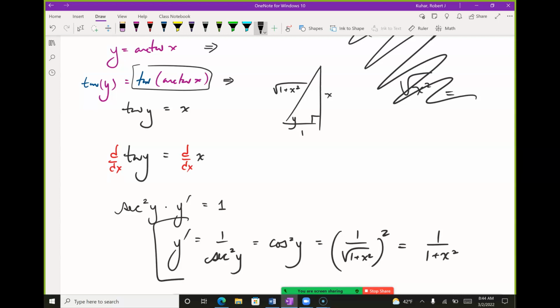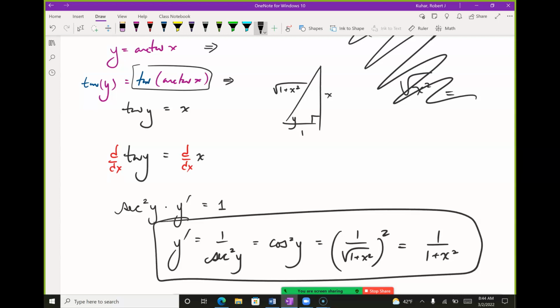Make sure you're following me here. Everybody with me? So you took secant squared y to the other side, and that's why it went to cos secant.